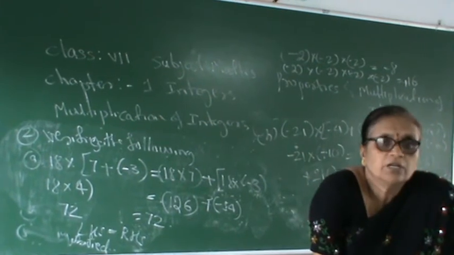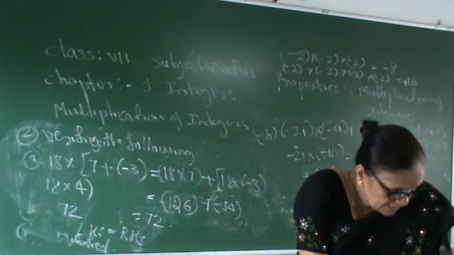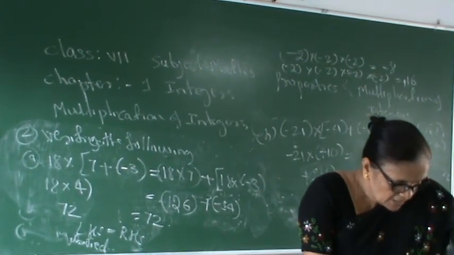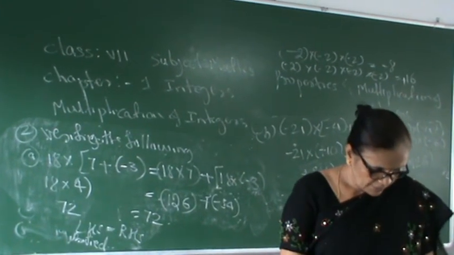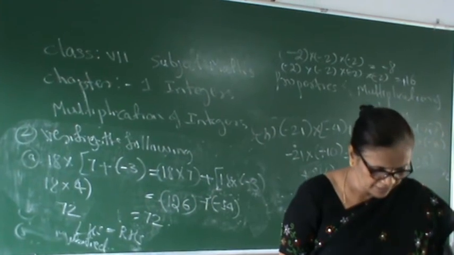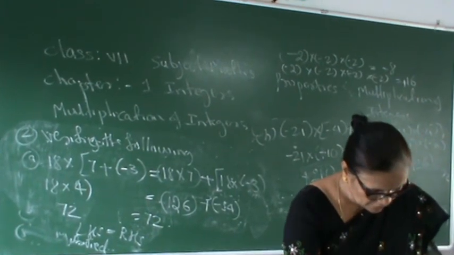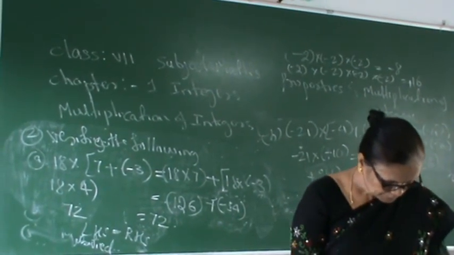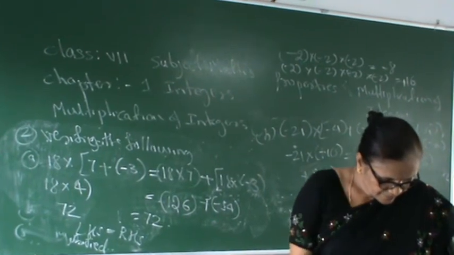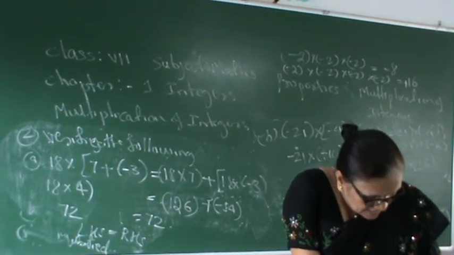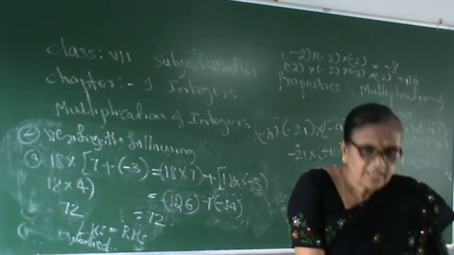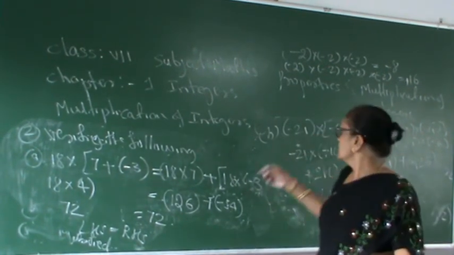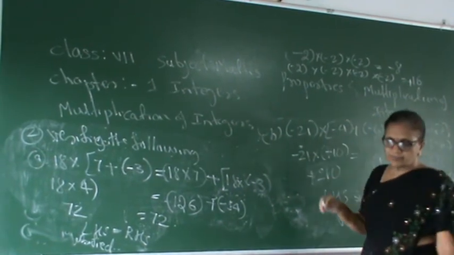Now question number 3. For any integer a, what is minus 1 into a equal to? You are multiplying minus 1 with a. The answer they are asking is minus a, because you are multiplying.